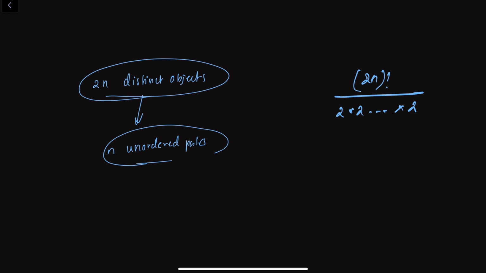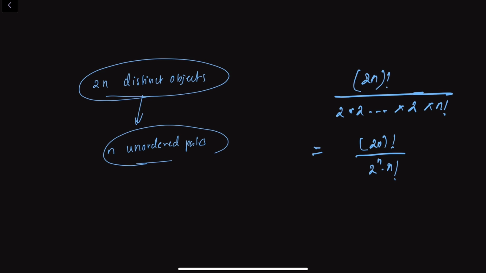The order of these n pairs also doesn't matter. Since it's an unnamed grouping, we have to divide by n factorial. So this is 2n factorial divided by 2 to the power n into n factorial.